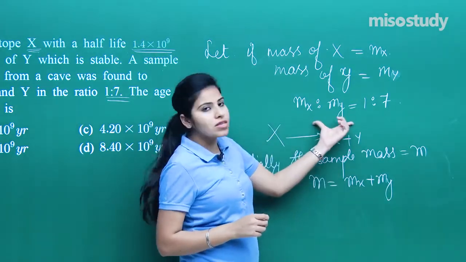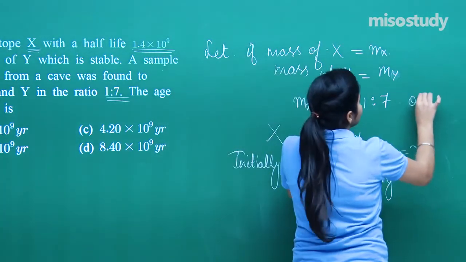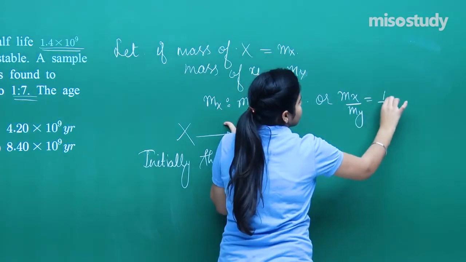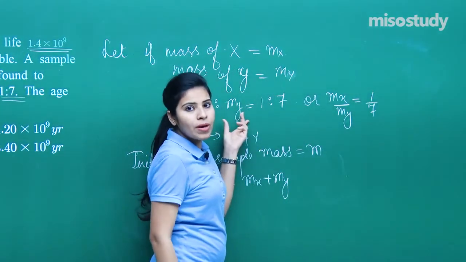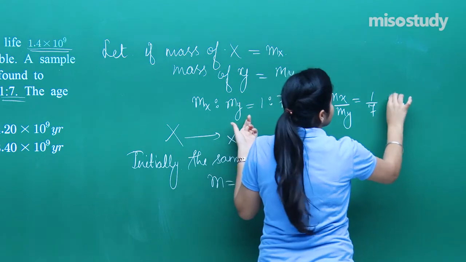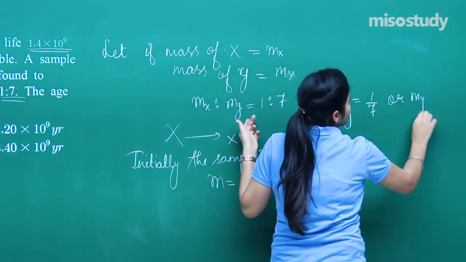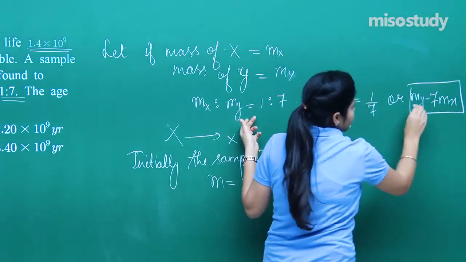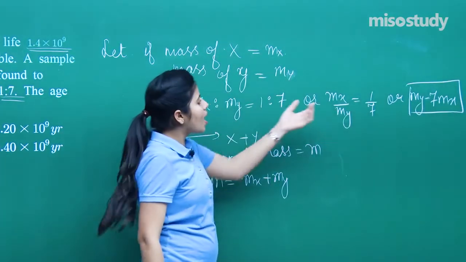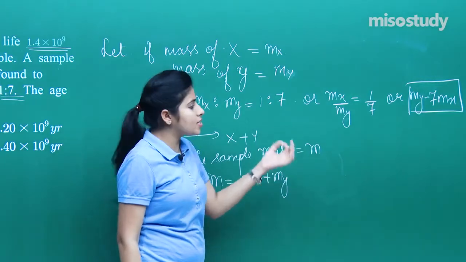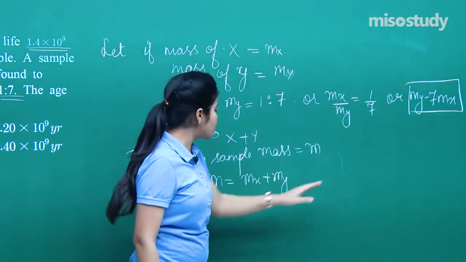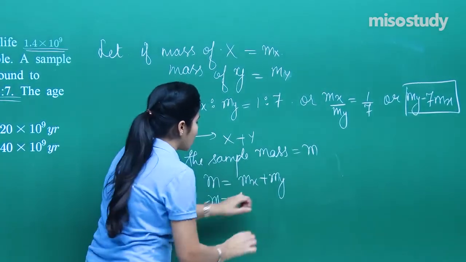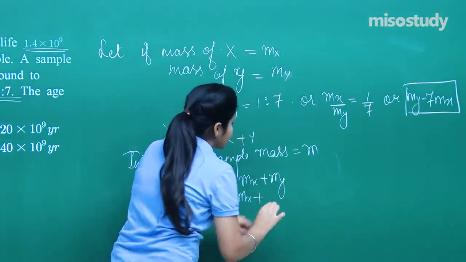Now we have been given this ratio. We can write this as mx upon my equals to 1/7. Now from here you can write one thing, that my equals to 7mx. Now because you are having your my equals to 7mx, if you are going to put this value here, what you will be having? M equals to mx plus my.